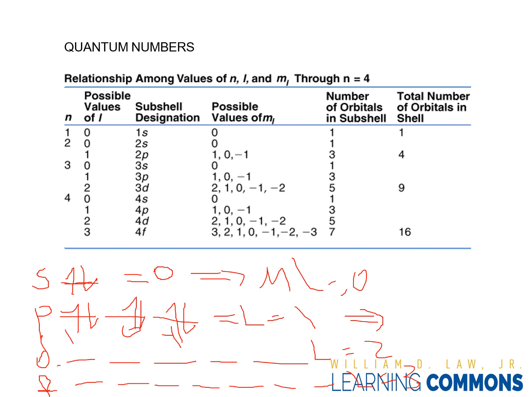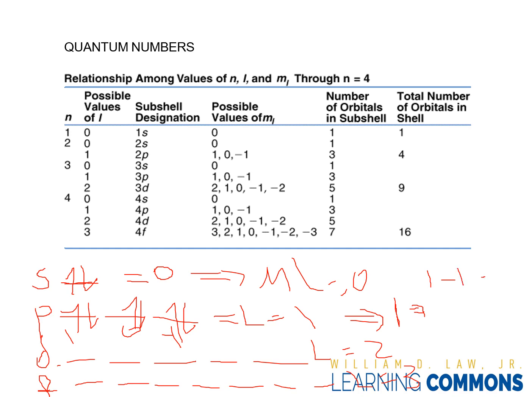For the p orbital, as I discussed, L is equal to 1. But if I want to figure out ML, I have to subtract 1 each time. I say 1 minus 1 becomes 0.